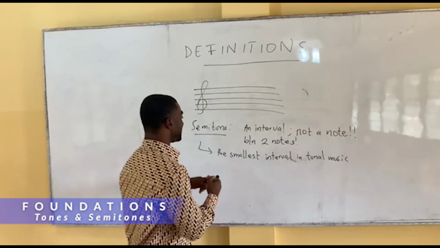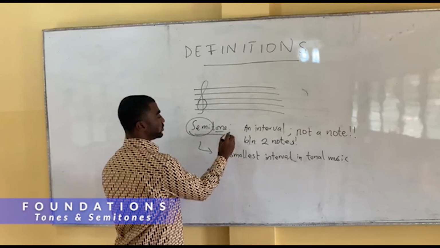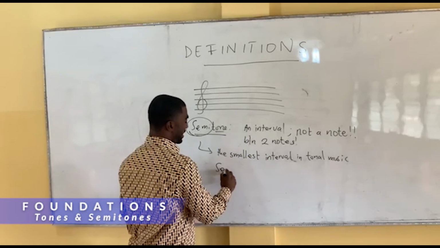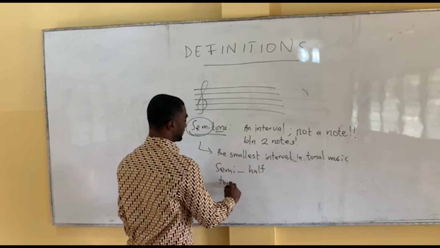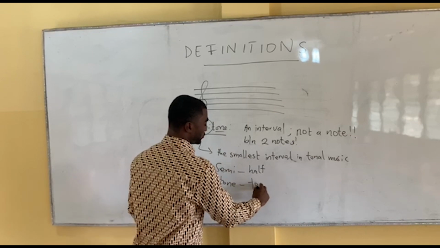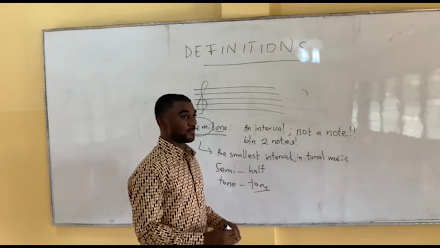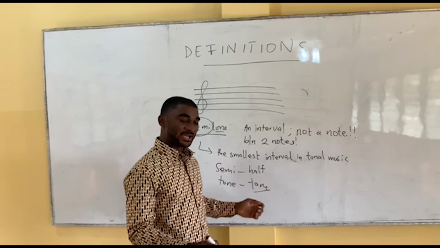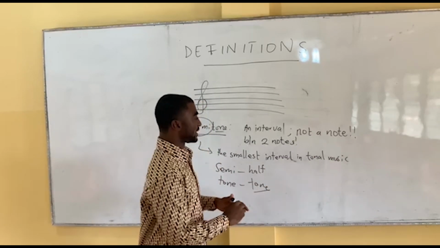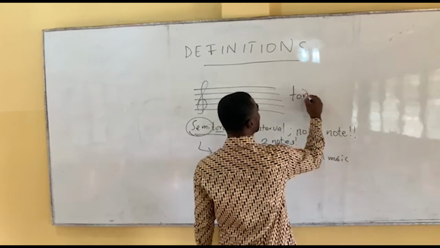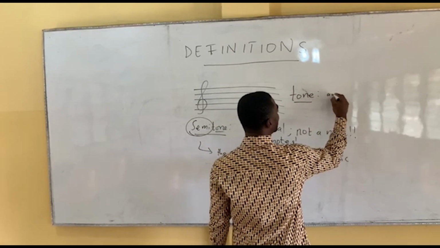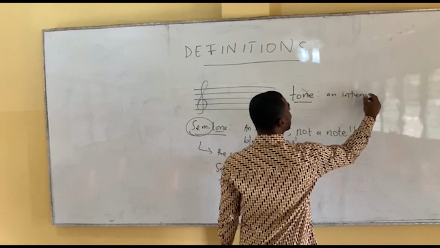It is called a semitone because it's half a tone, right? Semi is half, and tone is musical tone, right? So where the tone implies a distance as well. So take note again that as far as intervals go, tone is also an interval.